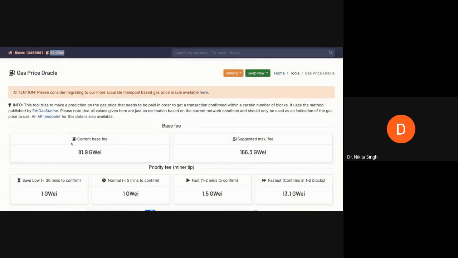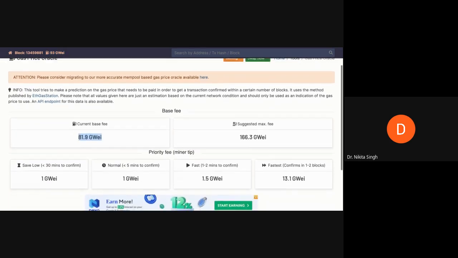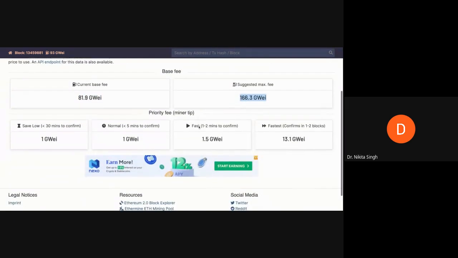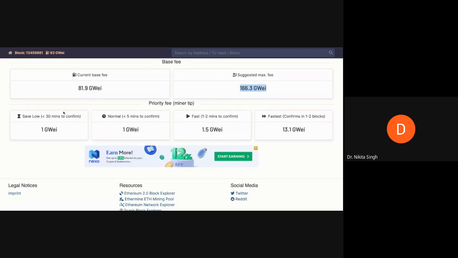All right. So here it shows the base fee. The current fee is this, all right, for a block. And the suggested fee is this. But when you're talking about transactions, they will tell you if you want your transaction to be confirmed in normal time, which is less than 5 minutes, you will have to pay this much amount of fee.